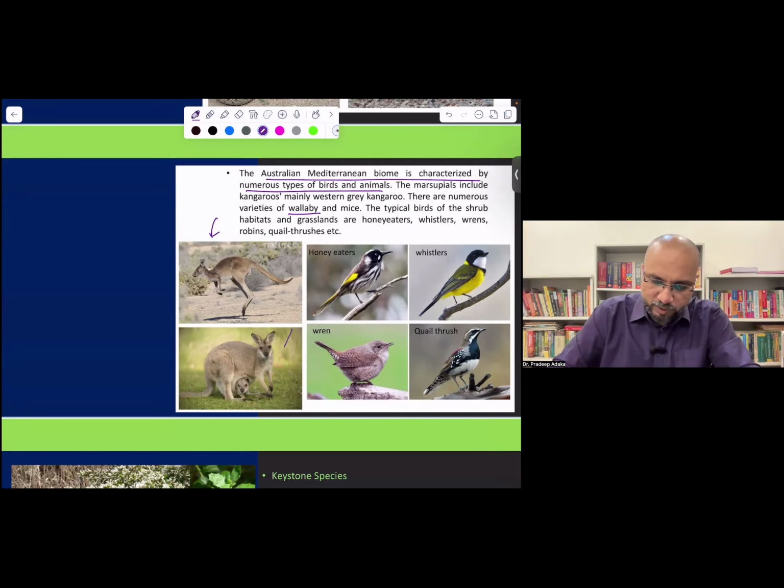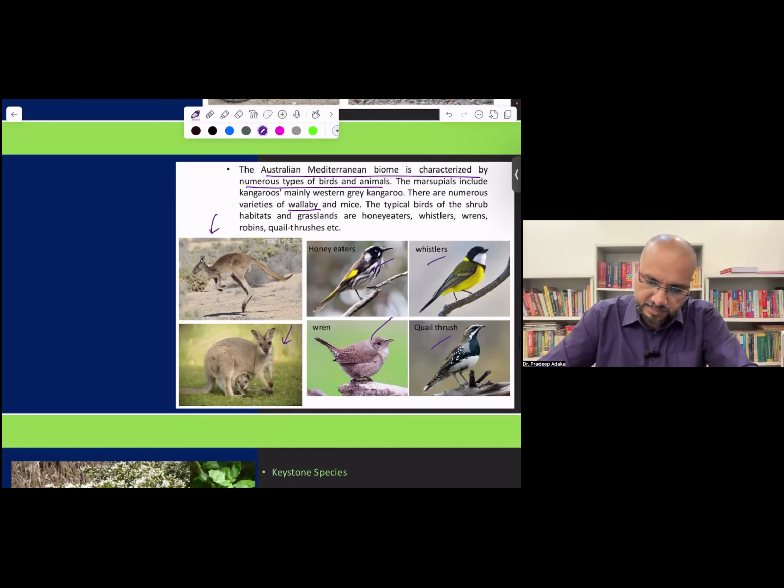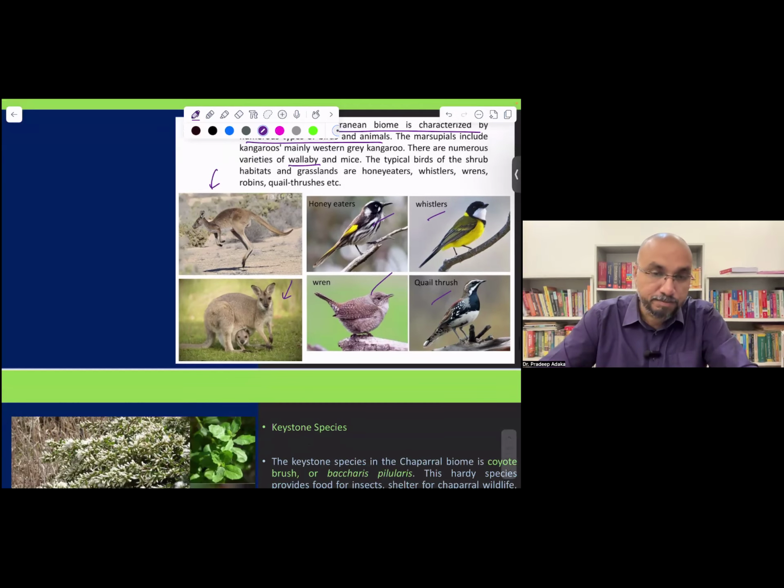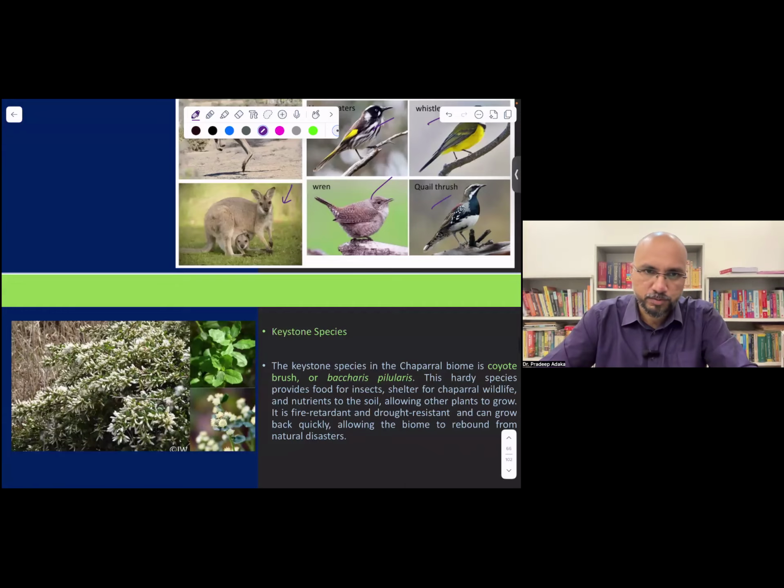Wallabies are also a type of kangaroo, but smaller in size, a miniature kangaroo. Kangaroos, wallabies, honey eaters, whistlers, wren, quail thrush. So these are some of the birds that you see in the Australian chaparral biome.